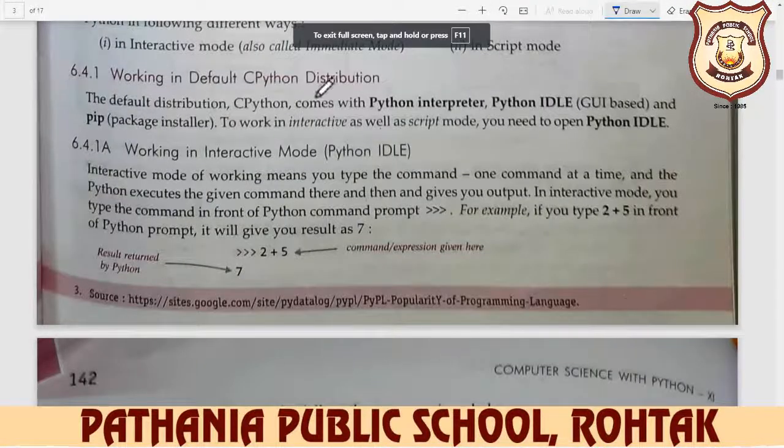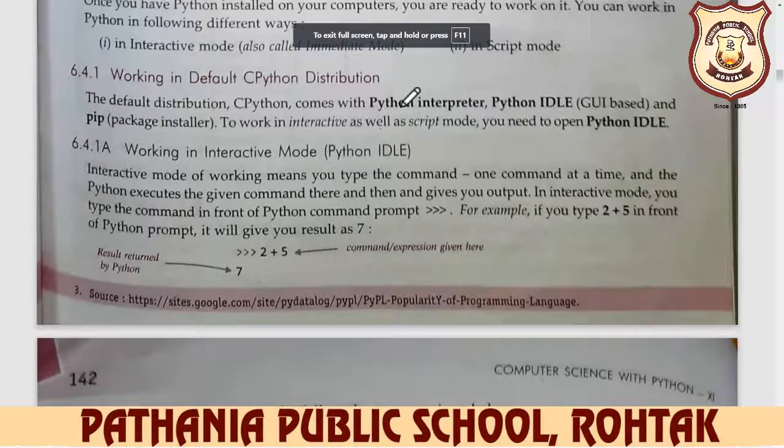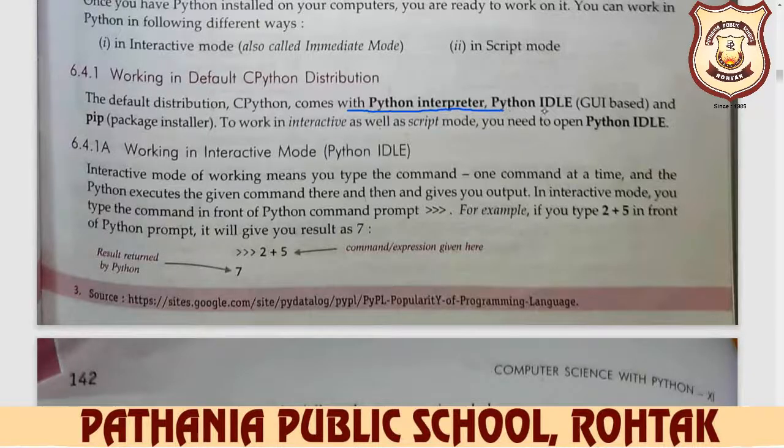But see here, working with the default CPython distribution. We download the CPython distribution. The default distribution CPython comes with the Python interpreter and Python IDLE. IDLE stands for Integrated Development Environment, and it is your window based platform.